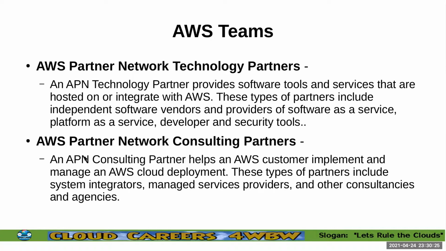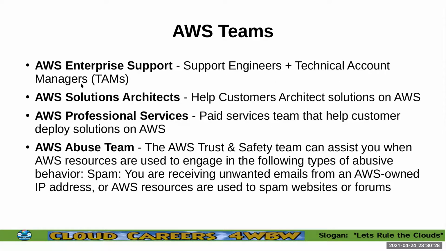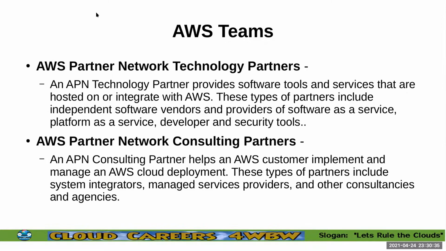I think Jodo does a good job explaining some of these services. If you are revising, make sure you look into how they break that down, the same way they do for the partner network. You have AWS partner network technology partners, and you have the consulting partners. The key difference is that the technology partner provides software tools and services that are hosted on or integrate with AWS.